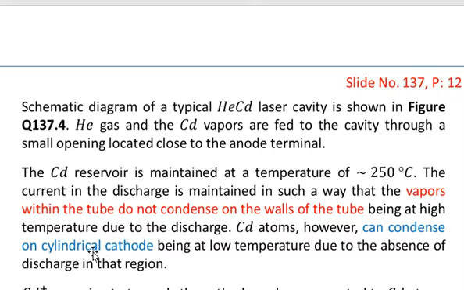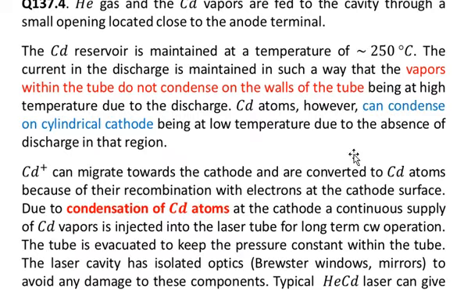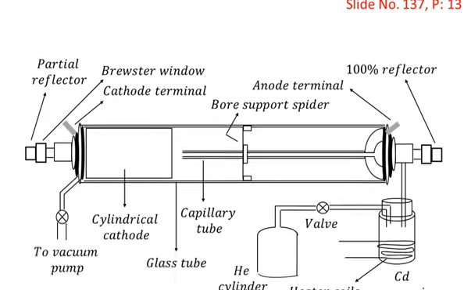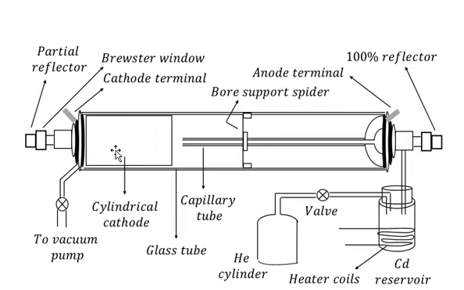So the cylindrical cathode is a problem because this is relatively much cooler, and the vapors can condense over here, being at low pressure, because the cathode cylinder is at low pressure due to the absence of the discharge current in that region. So the discharge current is absent in this cylindrical cathode region, and the vapors can condense over here.